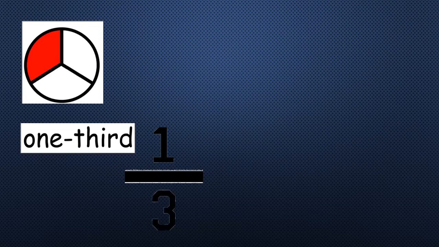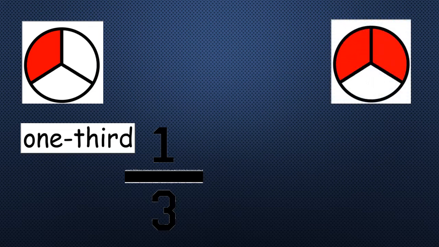Three. Very good. We're going to write three under the line. So we're going to write a third like 1 dash 3. 1 because we colored only one part. Dash 3 because we divided it into 3 equal parts.